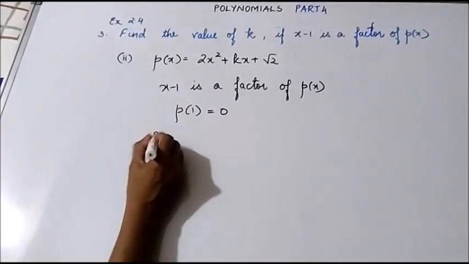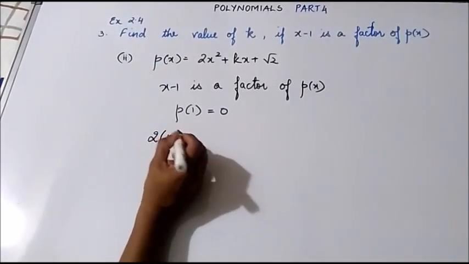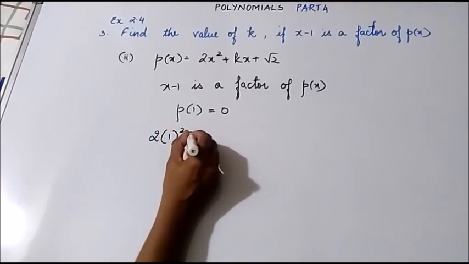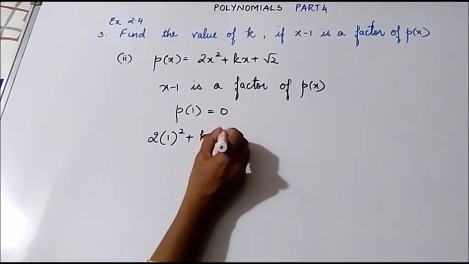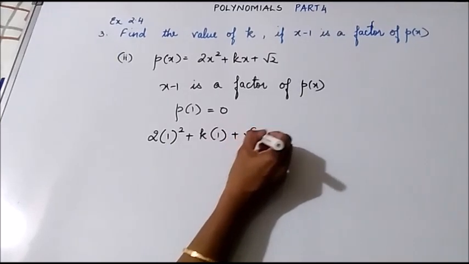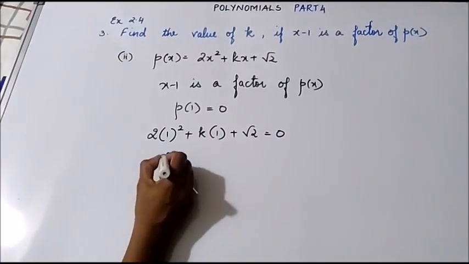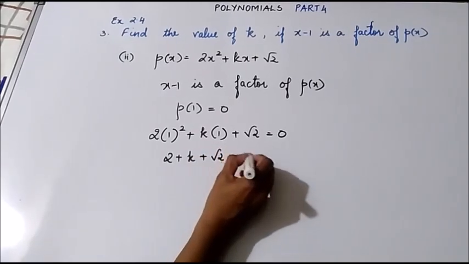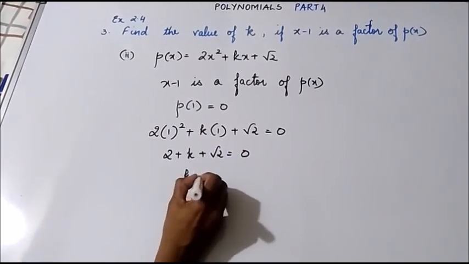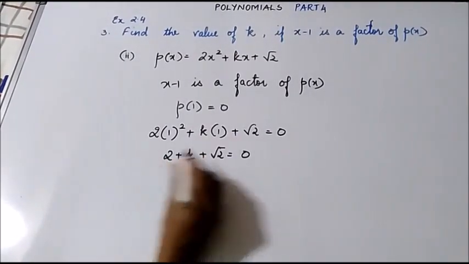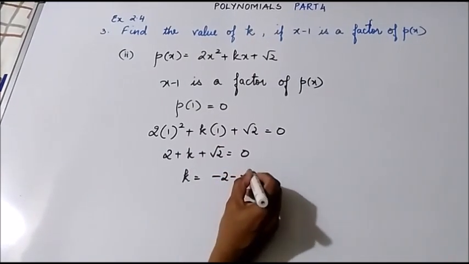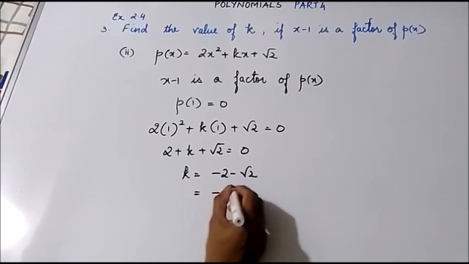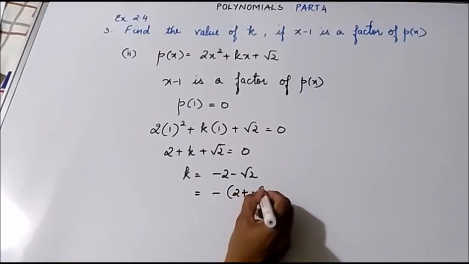Now here we write x equal to 1, so you get 2 into 1 the whole square plus k into 1 plus root 2 is equal to 0, that is 2 plus k plus root 2 is equal to 0, k is equal to minus 2 minus root 2. Or we can take minus common and write as minus (2 plus root 2).